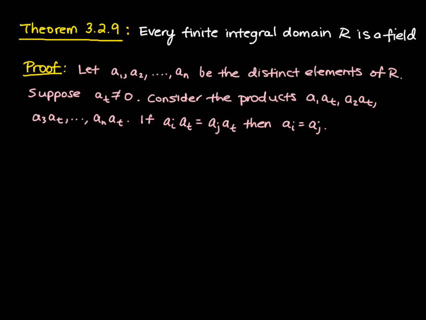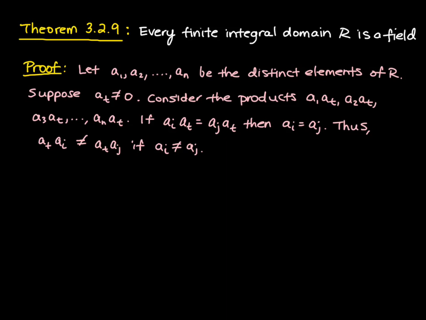But we're multiplying A sub t by the distinct elements of our ring. So it follows that A sub t times A sub i is not equal to A sub t times A sub j if A sub i is not equal to A sub j.